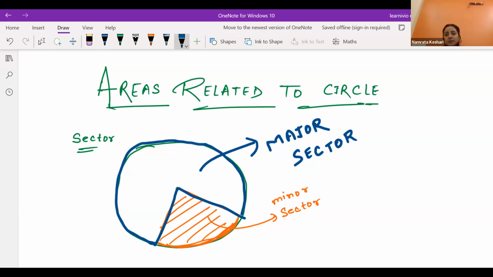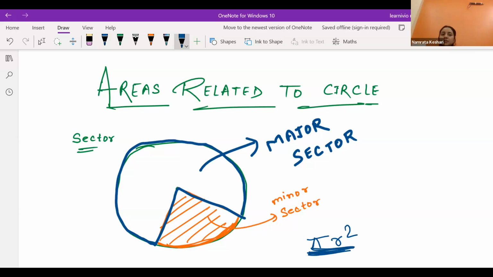Area is, anyone? Area of the circle? 2 pi r square. No. Pi r square. Pi r square, the formula for the area of a circle is pi r square.